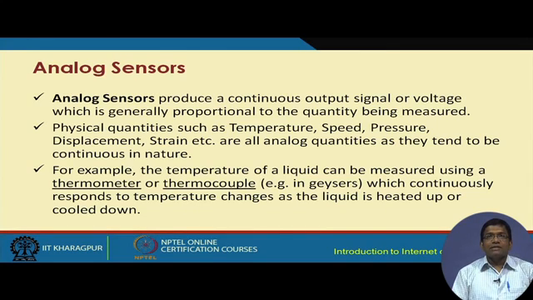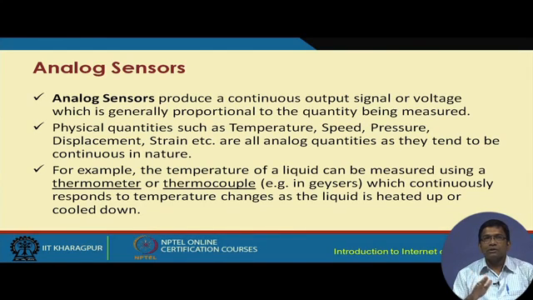I already mentioned analog sensors. Temperature sensor: temperature is typically measured with the help of a thermometer or thermocouple. Thermometers are quite common, but the thermocouple is something that is used in geysers, for example. You have two different metallic strips, for instance, and in the thermocouple they can bend.